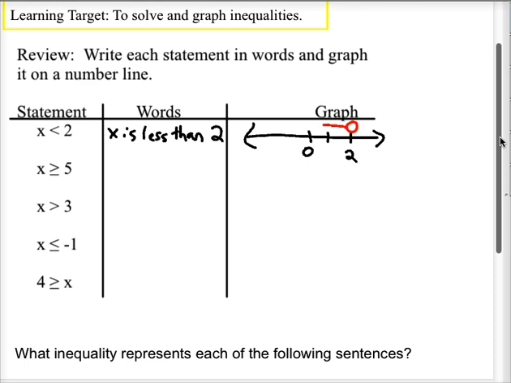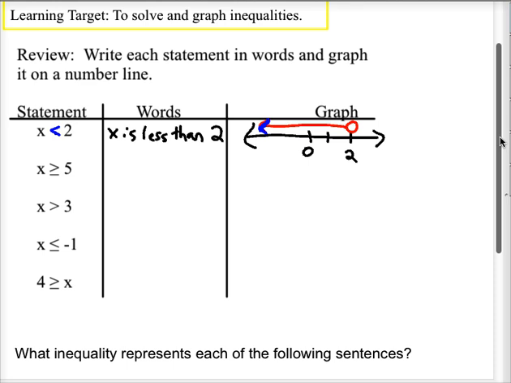Less than is everything to the left. So note the open circle, and the less than means everything to the left. All right, now one quick little trick is realizing the arrow at the end matches the arrow of the inequality. So that's one little quick check to make sure that you've done it right, is those should match.